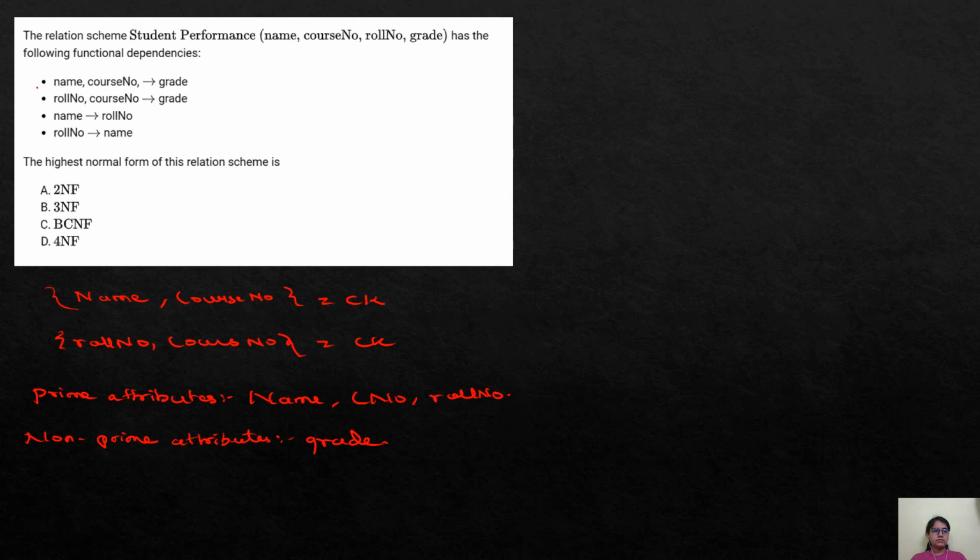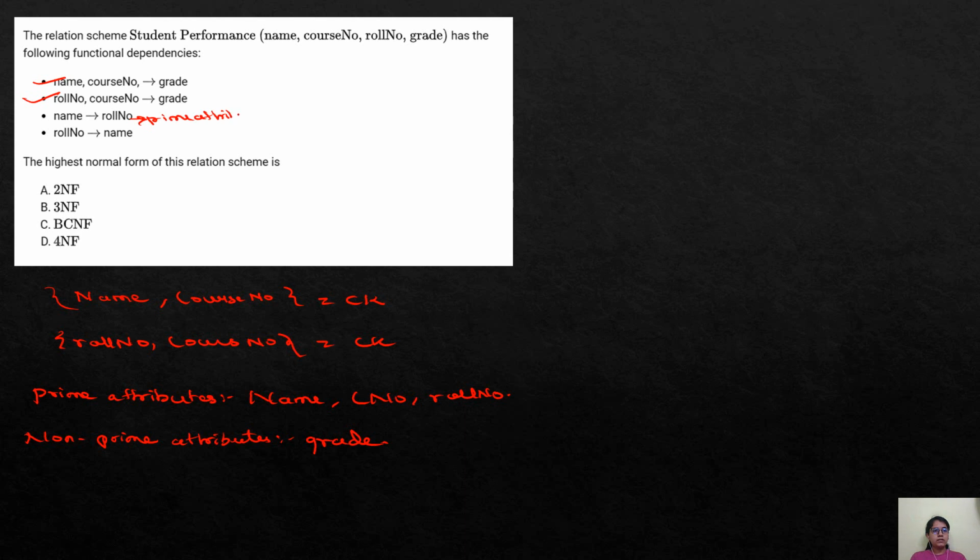Okay, so let's check. This is itself a key, so it does not have any partial dependencies, so this is clear. This is also the key, it does not have any partial dependency, so it is clear. Now name has partial dependency, because our candidate key is name and course, and name is part of the key, so it is partial dependency. But on the right side it is already a prime attribute. If this side had a non-prime attribute, then we could say that it does not follow 2NF, but this is a prime attribute itself.